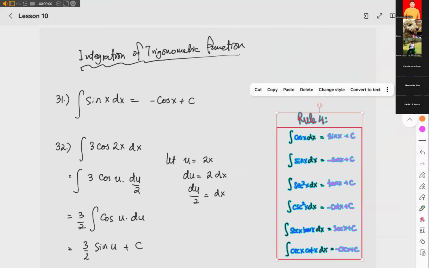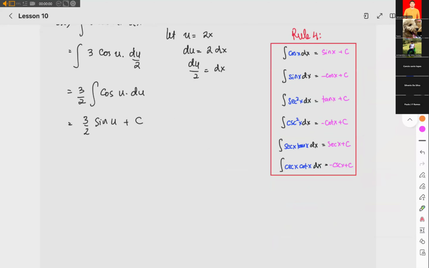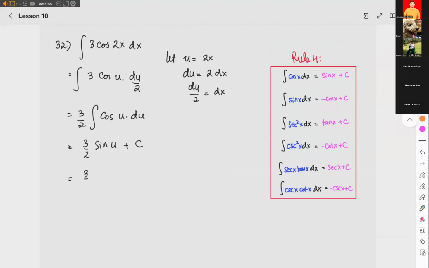Don't forget this rule over here, a very important rule. So all you need to do is resubstitute: 3 over 2 sine of 2x plus c. That's easy enough.